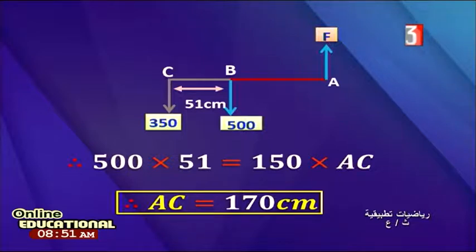The value of AC. Remember, the value of AB equals 170 minus 51. If required to find AB length, we subtract 51 from 170.